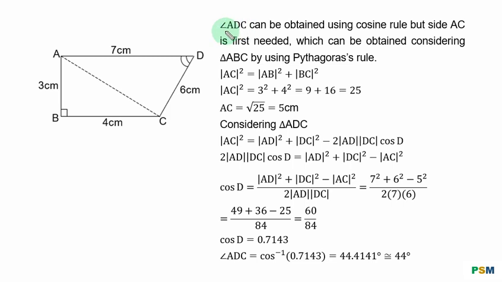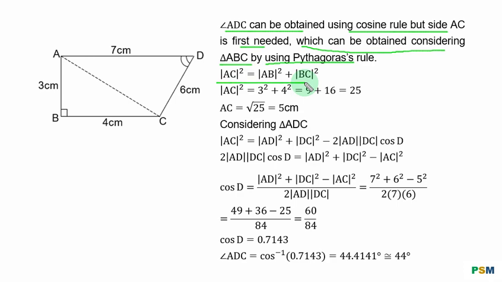Angle ADC can be obtained using cosine rule, but side AC is first needed. Hence, we join A to C. AC can be obtained considering right-angled triangle ABC by using Pythagoras rule. You have the rule in this form.